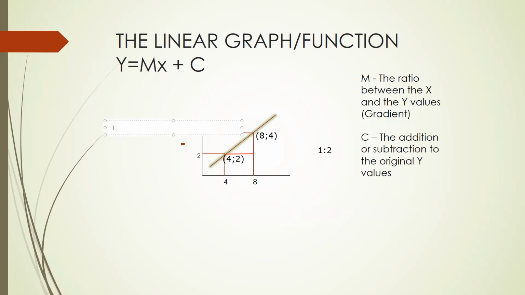We want to substitute 4 and 2. You can substitute any point as long as you have a gradient. You can substitute any point, it doesn't matter. You are saying, okay, 2 is equal to half, we did establish that it is half, half times, in this case, our x is 4 plus c.